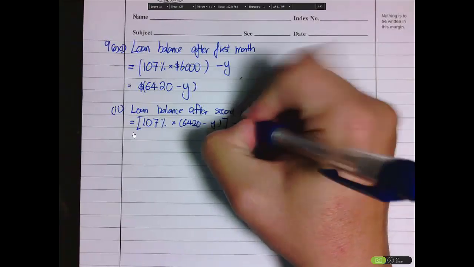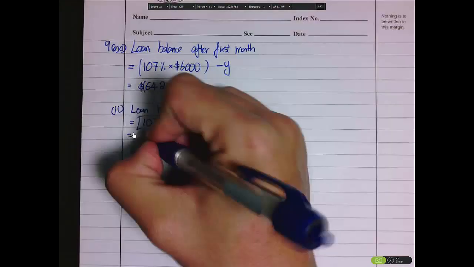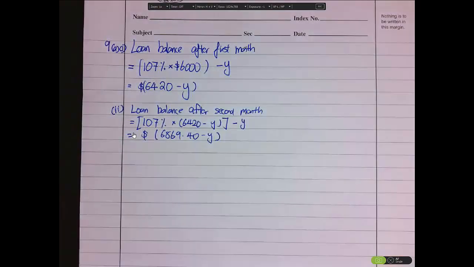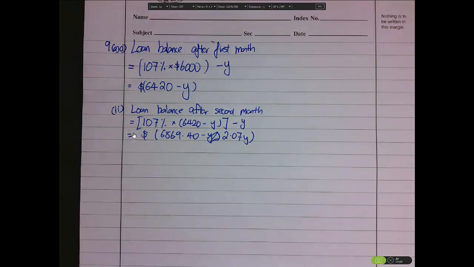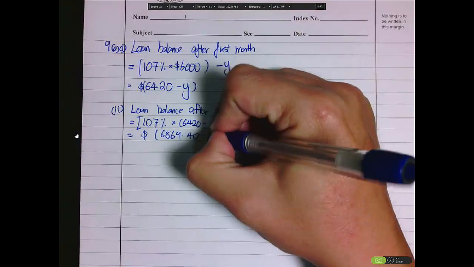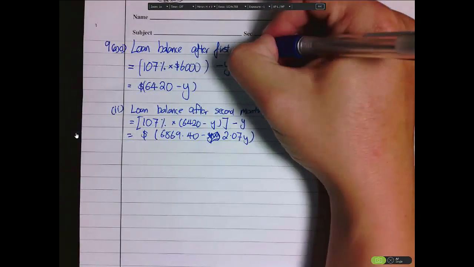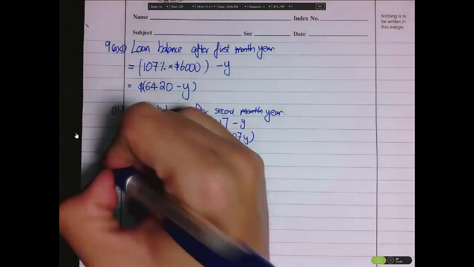Then he will also pay back Y dollars, minus Y. If you simplify everything, you get 6869.40 minus 2.07Y after the second year. Sorry, first year and second year, annual payments.